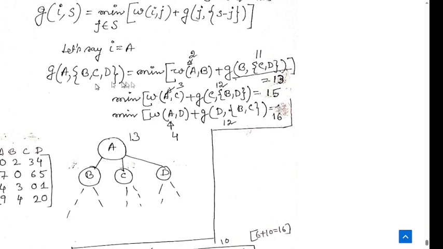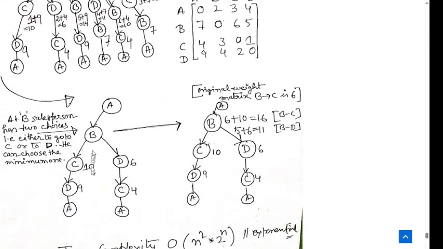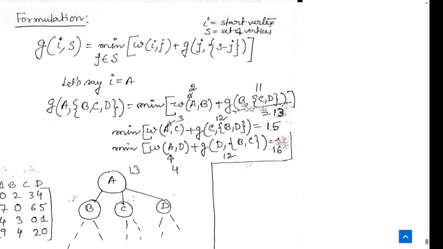Okay. So how will this function expand? You have already seen that, but from the function formulation point of view, how will dynamic programming explore this? The minimum of W(A, B) plus g(B, {C, D}). So g(B, {C, D}), what is the distance? That we have written here.